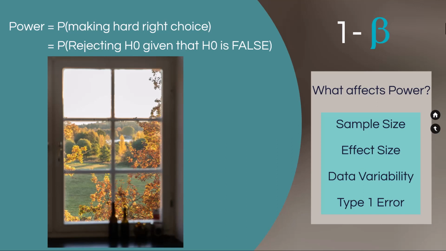Or do I just get maybe half a second to glance outside? Okay, that's the idea. Sample size, size of the window, effect size, the size of the thing I'm looking for through the window, data variability, how foggy is the window, and type 1 error is how long I get to look out the window. And power, again, it's a very mathematical object.